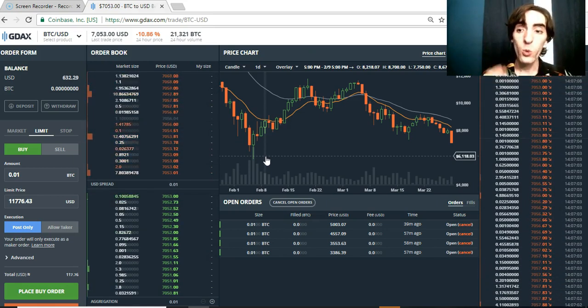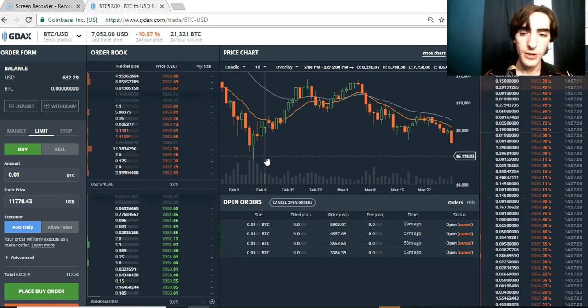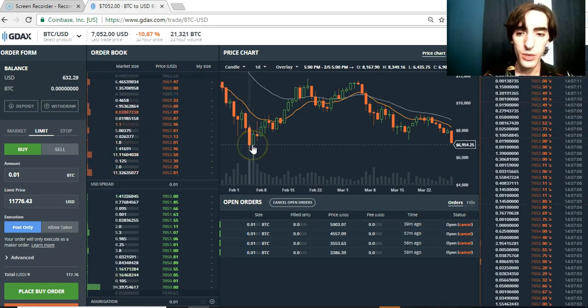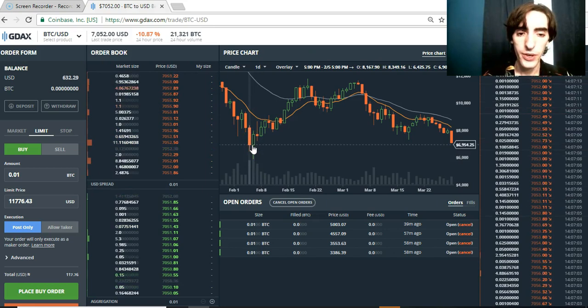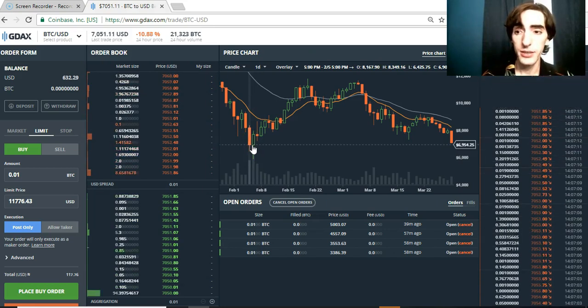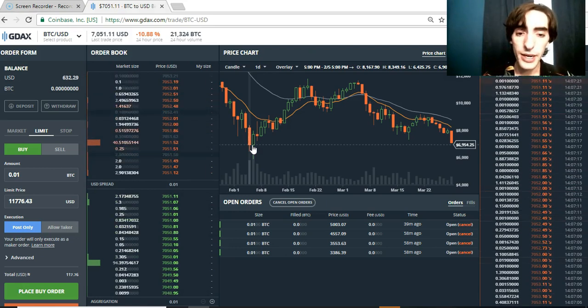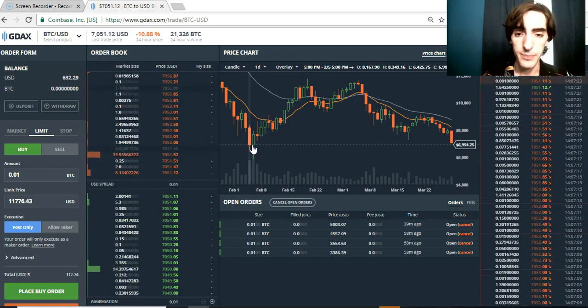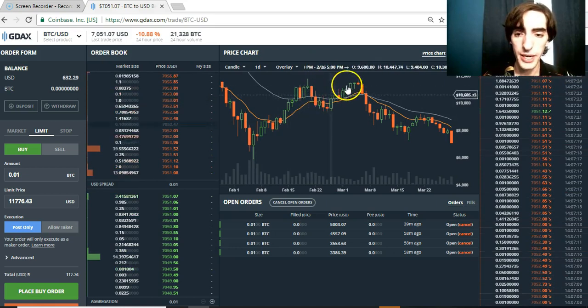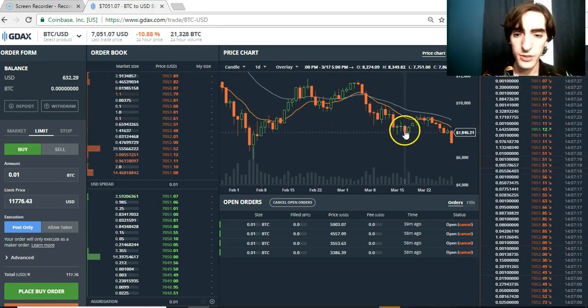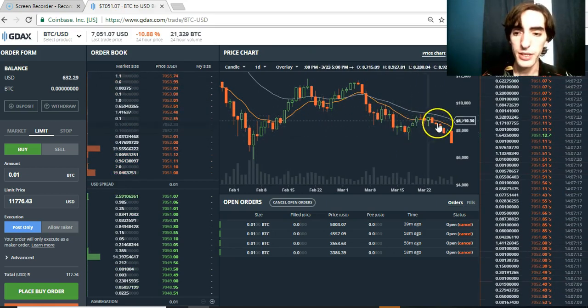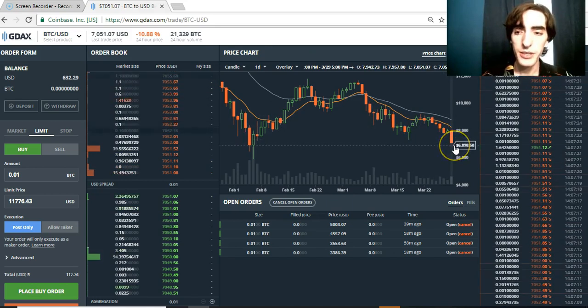Now, when you are ready to buy, let's say you want to put a buy order in right here, which isn't a bad idea. In my opinion, it's not a bad idea to put a buy order in right here, because it bounced back up. It almost went down to there, then it bounced up, and this could be the support line again.